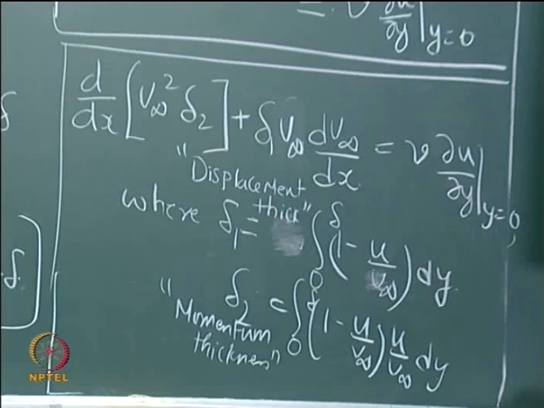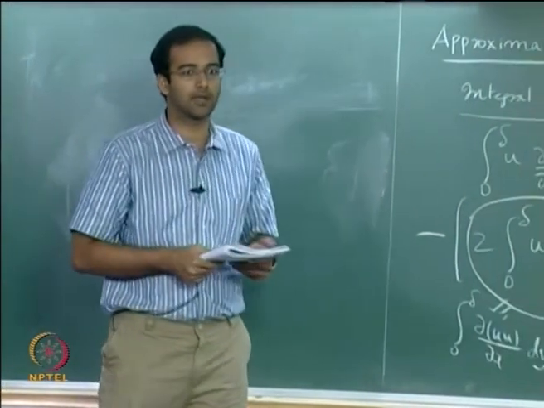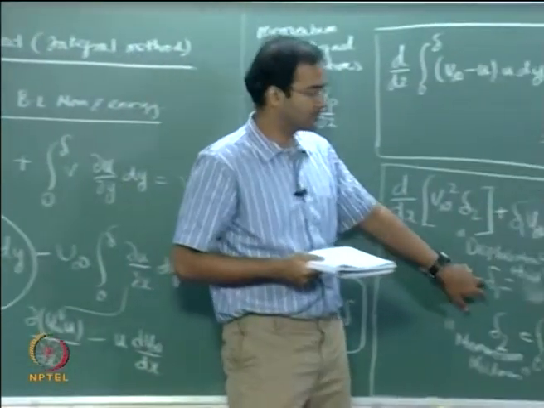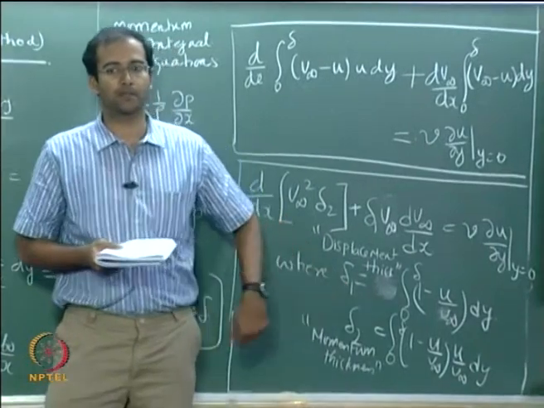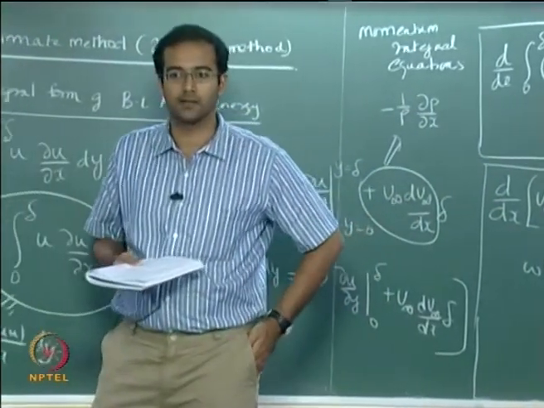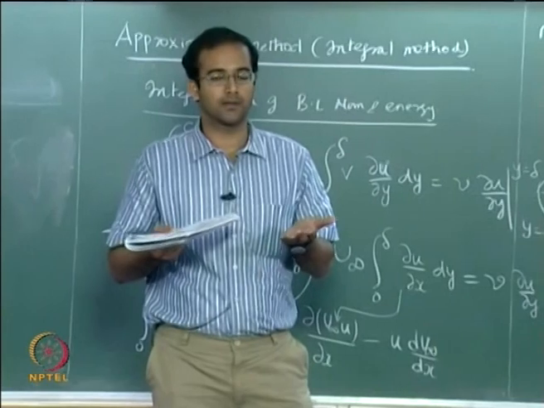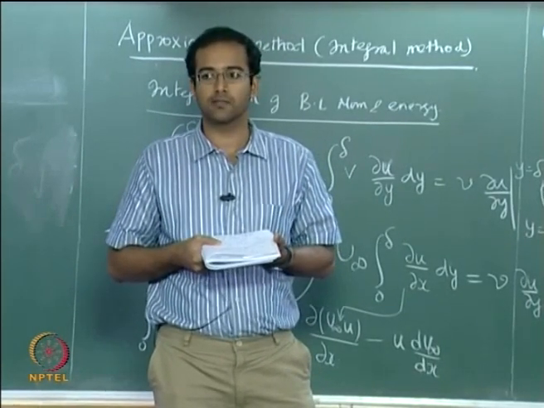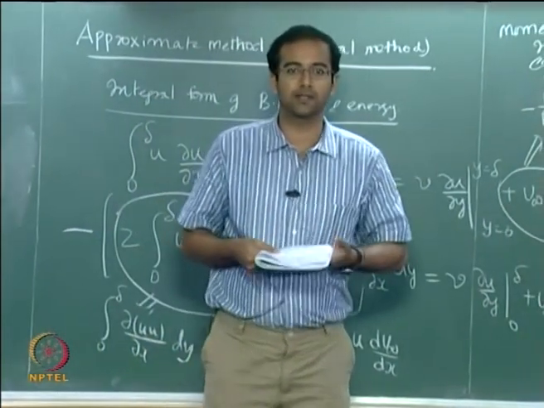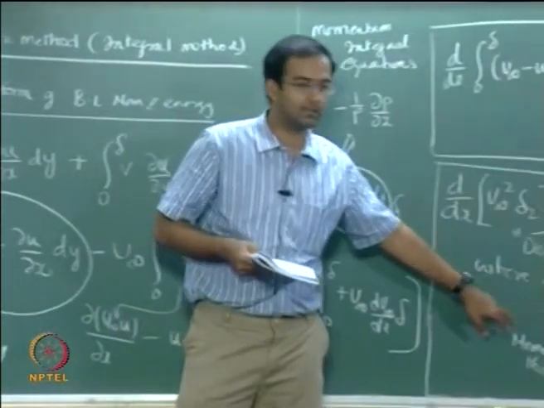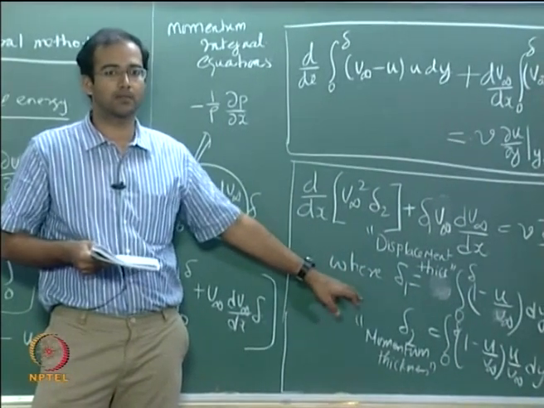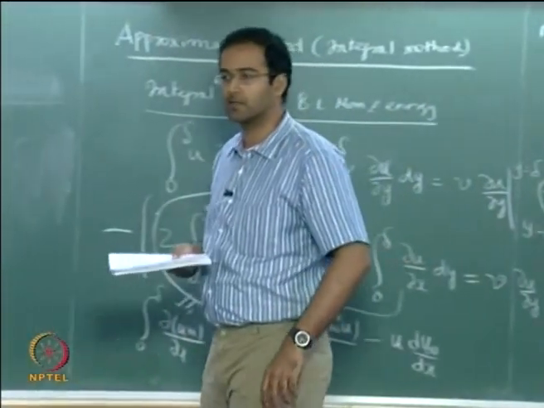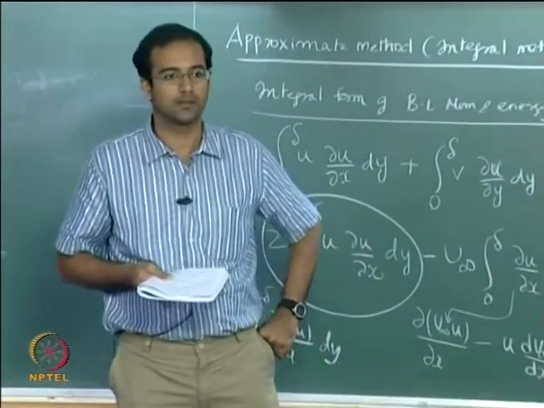Unlike the boundary layer thickness, which you can measure as a location, these are conceptual values which give you a sense of, if you replace the boundary layer with a potential flow profile, how much the wall has to be pushed up, or displaced, in order to satisfy continuity or conservation of momentum. So these are all not measurable. These are something which you are conceptualizing, and usually these are much smaller than your actual boundary layer thickness.